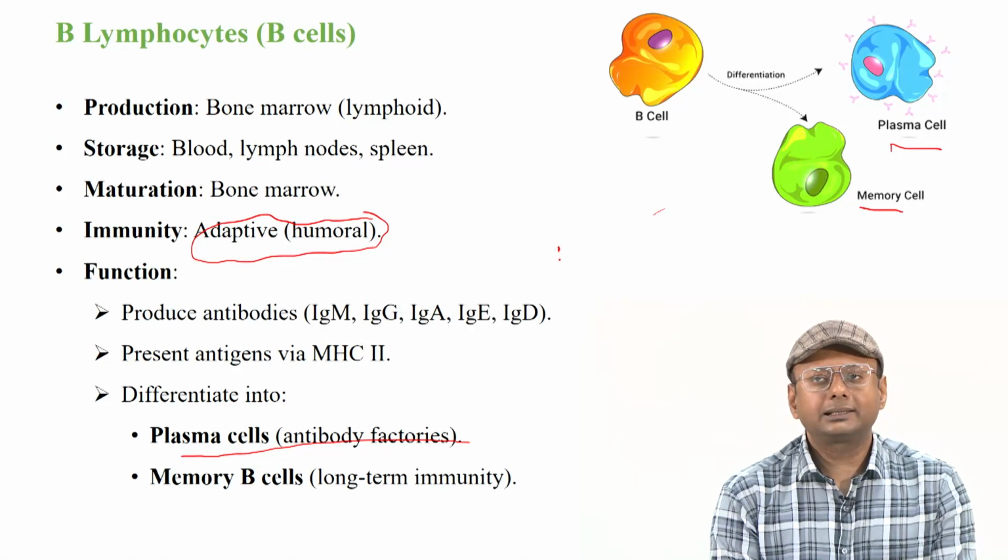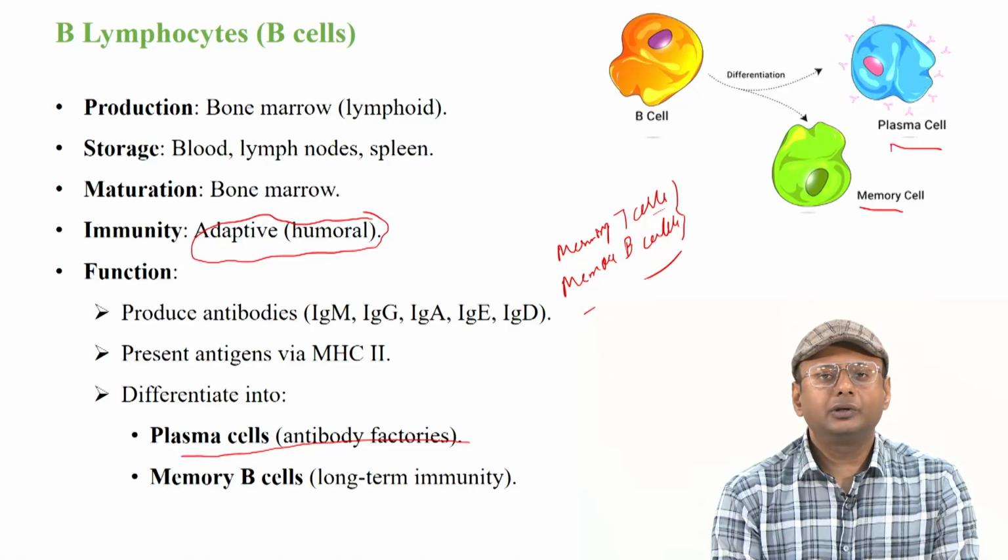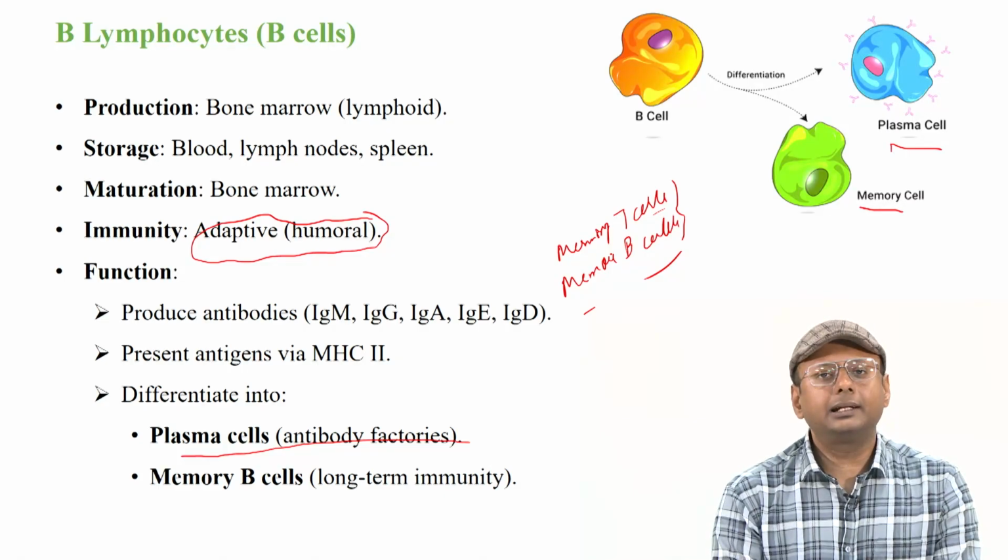In the last slide you remember we discussed the memory T cells. Both memory T cells and memory B cells work as immune surveillance and maintain the long term immunity of our body. So these are basically like natural vaccines, right?